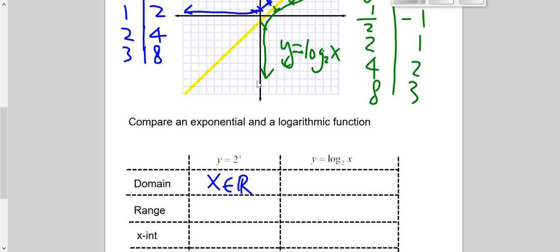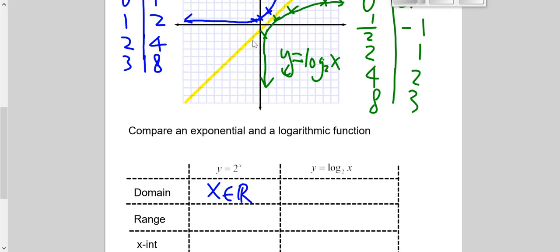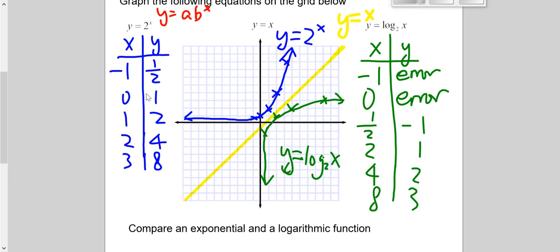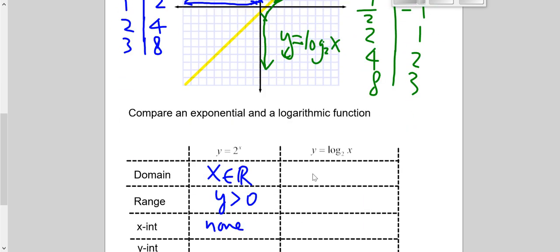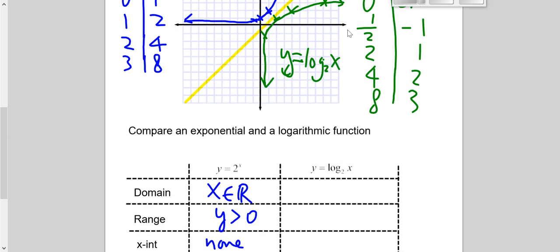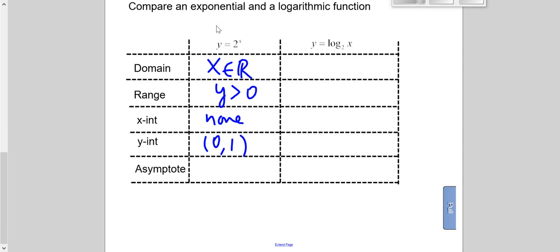The range, that's an invisible line. Y has to be greater than 0, cannot even be 0. So y is greater than 0. And the x-intercept, nope, none. Y-intercept, as we figured out with the shortcut method, the a value, that gives you 0 and 1. Okay, asymptote, there's an invisible line right here for the blue graph, for the exponential function. So y is equal to 0.